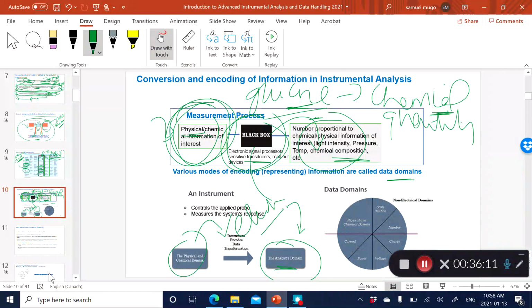So the instrument, in summary, has these components whose purpose is to convert information from one data domain to another. So there are two types of domains: there is a non-electrical domain, and there is the electrical domain. So the instrument is converting the information between all those types of domains, okay?